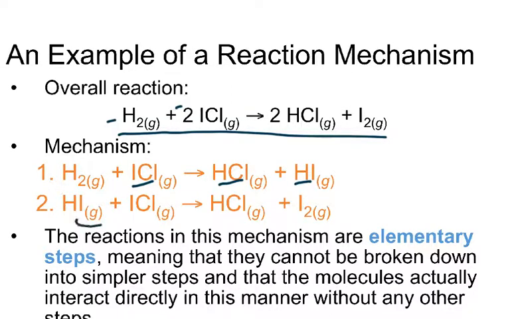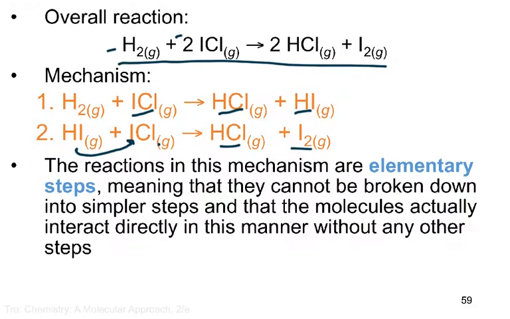Then the hydroiodic acid reacts with a second iodine monochloride and gives a second molecule of hydrochloric acid, and that's when we get our iodine. These steps in our mechanism are called elementary steps, and that means that they can't be broken down into simpler steps. Those are the molecules actually directly interacting in that manner without anything else happening.